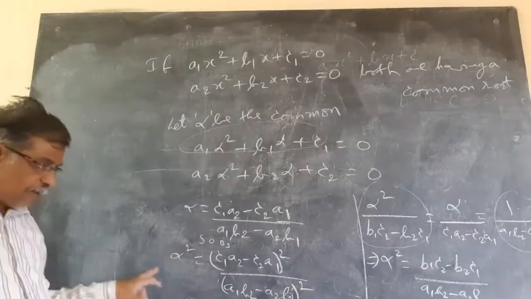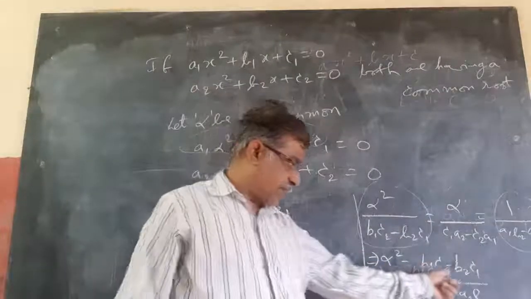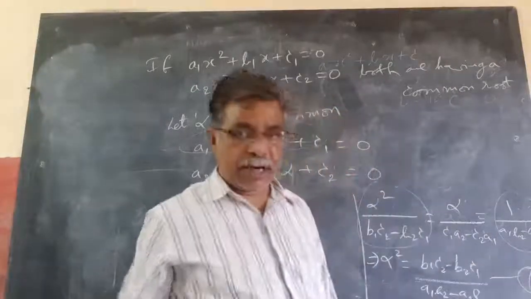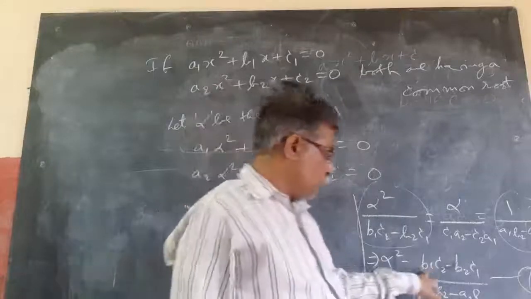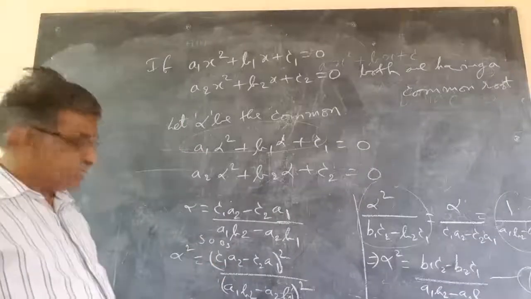Now in place of alpha square, I can substitute this value. From equation 1, in place of alpha square, I can substitute (b1 c2 minus b2 c1) by (a1 b2 minus a2 b1).